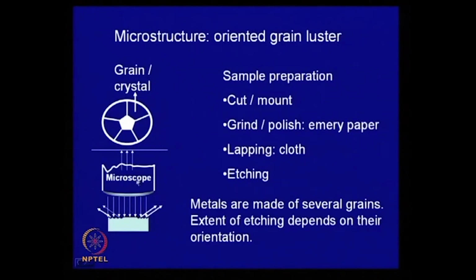And when the light falls on the sample, wherever these faces are inclined, part of this light gets reflected away, and so whatever you see through the eyepiece is not the entire light, only part of it. This is schematically shown here.